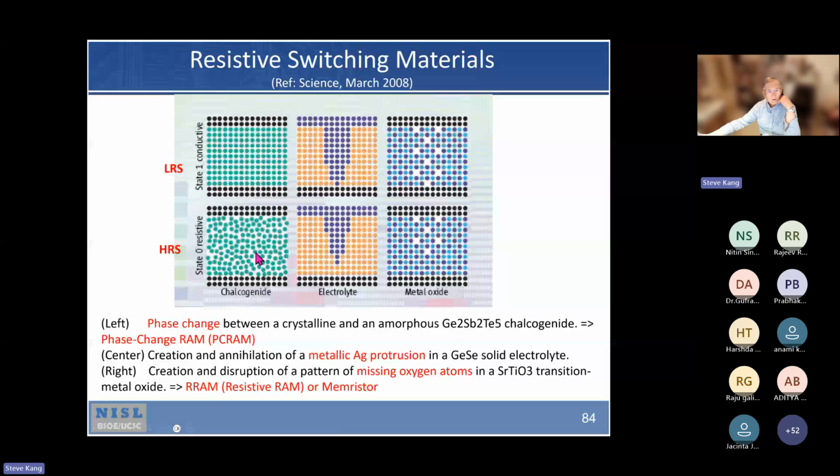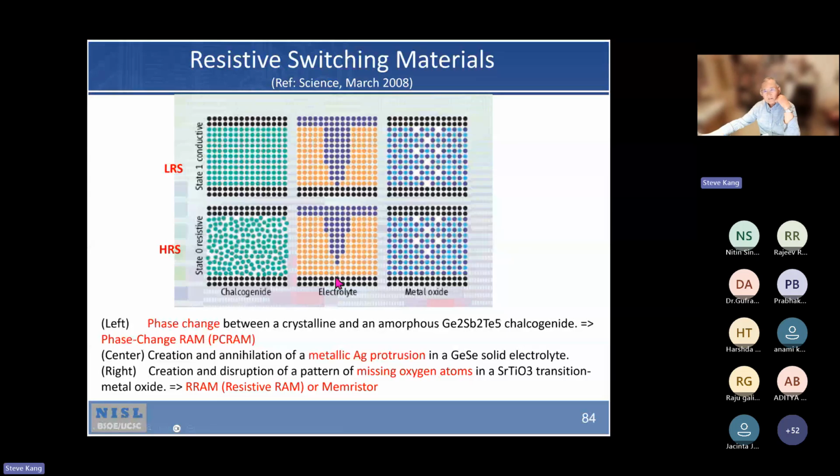If it is randomized like this, it's a high resistance state. So resistance is high. If it is an electrolyte case, when there is a bridge from top to bottom, full conduction, it's a low resistance state. When there is a gap, that's a high resistance state.